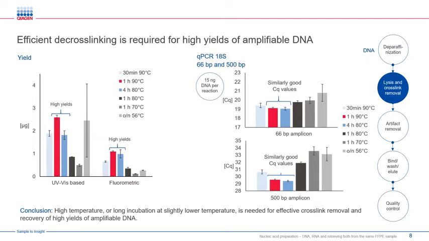And with the prolonged incubation at 56 degrees, we can in some cases get almost as good DNA yields, in other cases not, so there is a lot more variability.